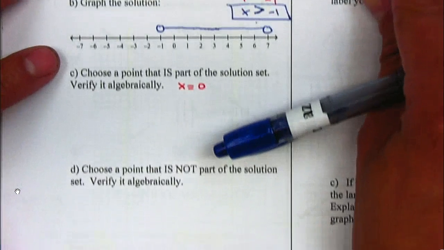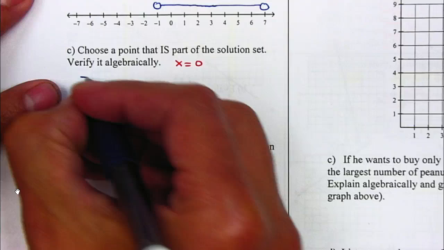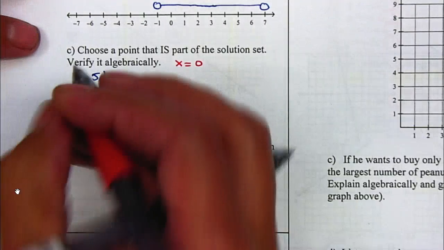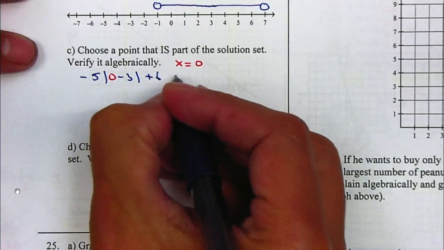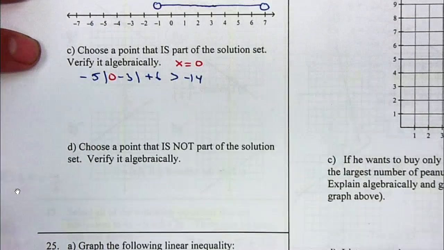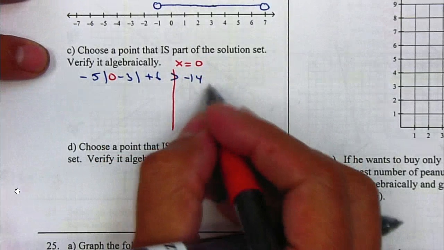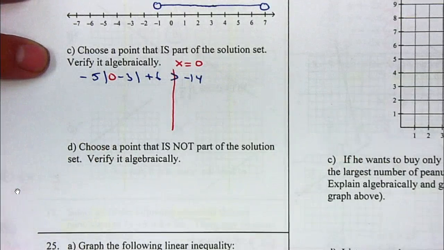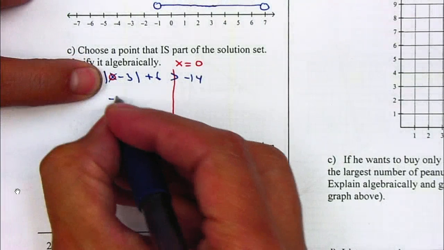I'm going to plug in x equal to 0 in the original inequality, negative 5, but instead of the x, I'm going to plug in 0, minus 3 plus 6. Remember, I'm not going to solve it. I'm just going to simplify the left and the right. The right's already simplified, so I don't need to do anything with negative 14. 0 minus 3 will be just negative 3.